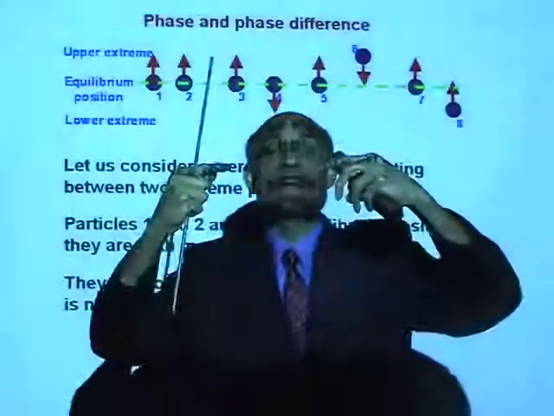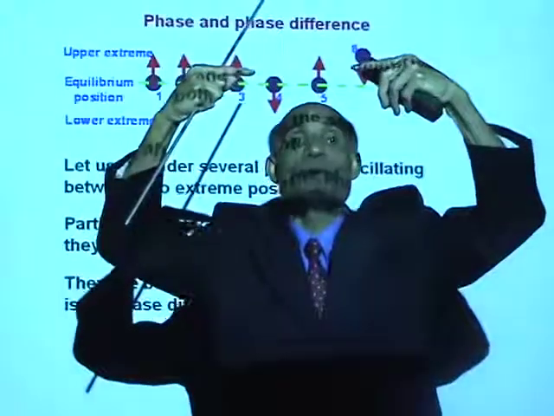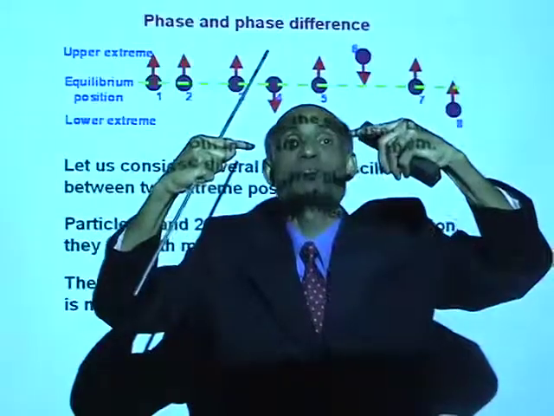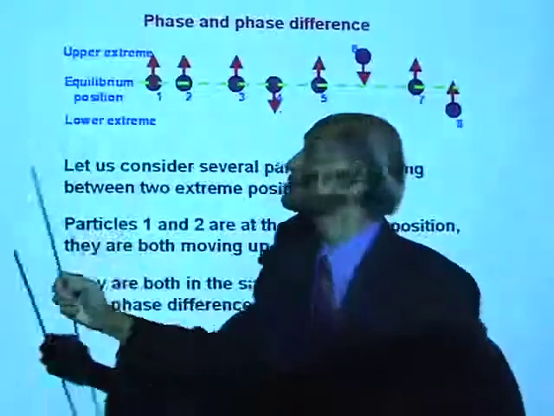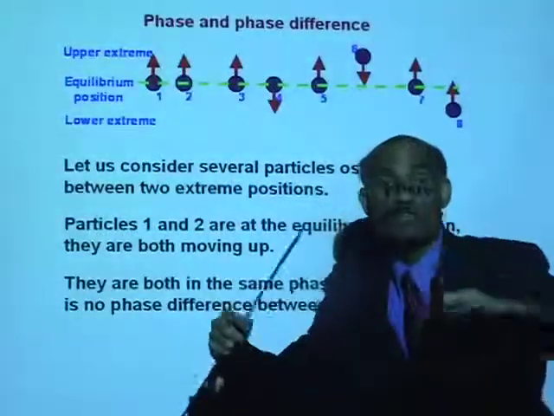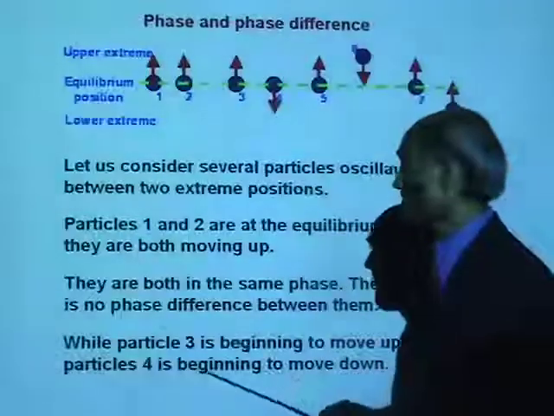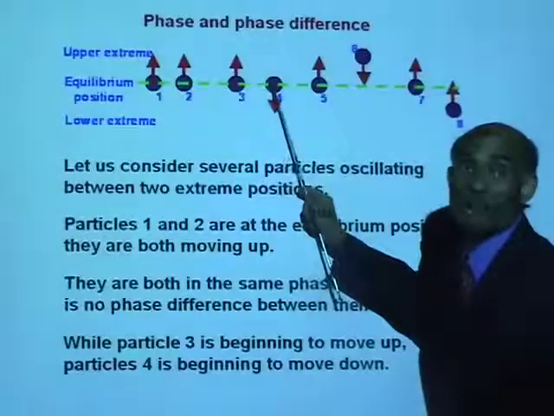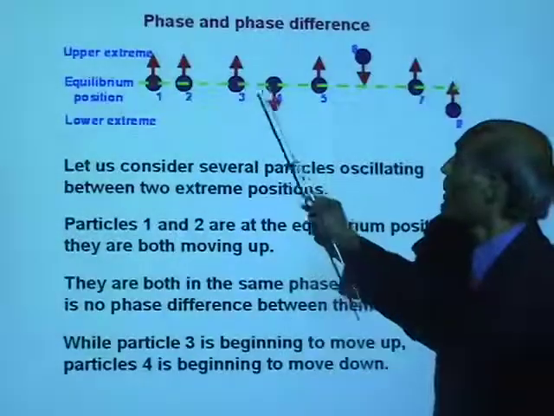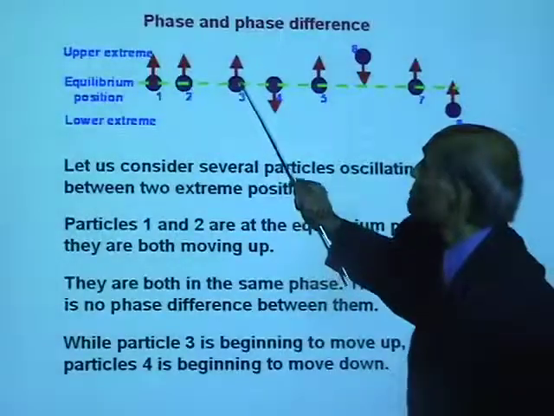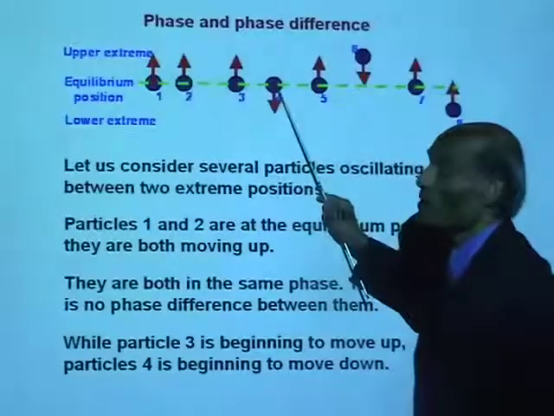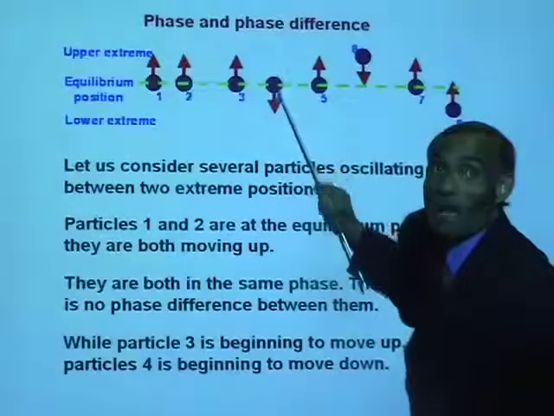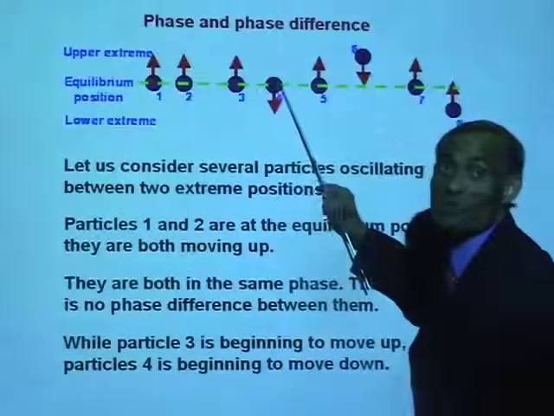There is no phase difference between them. When particle 1 is at the upper extreme, particle 2 is also at the upper extreme. Particle 1 is in the equilibrium position, particle 2 is also there. There is no phase difference. Now, watch the motion of particles 3 and 4. While particle 3 is beginning to move up, particle 4 has completed going up and coming back to the equilibrium position.